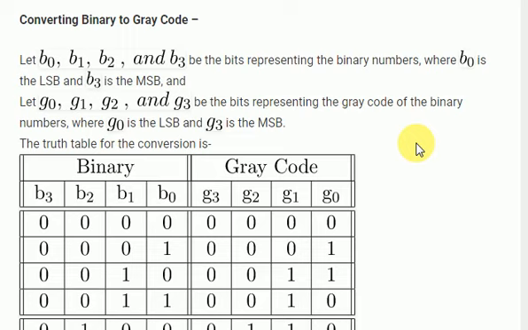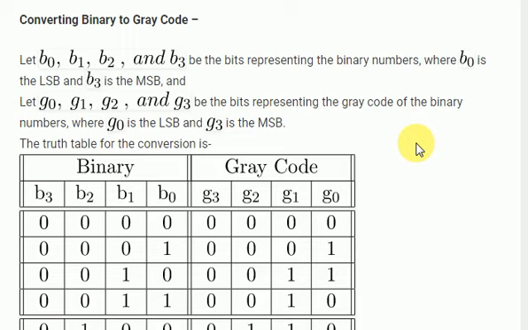From this truth table, at the input side B0 is the least significant bit, while B3 is the most significant bit, and at the output side, in the gray code, G0 is the least significant bit and G3 is the most significant bit.